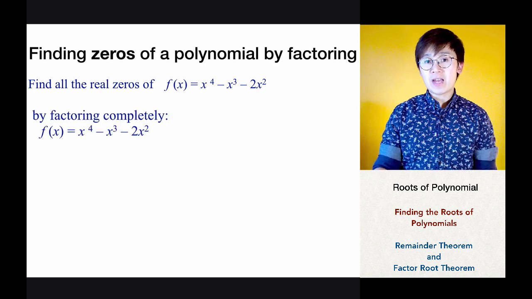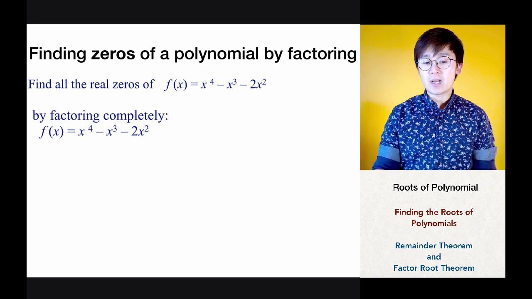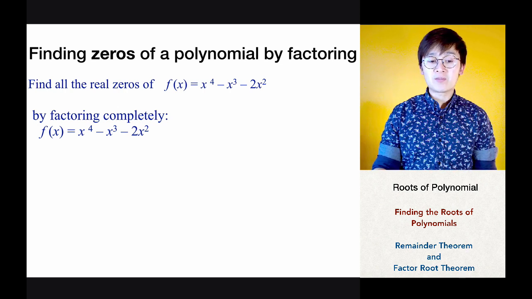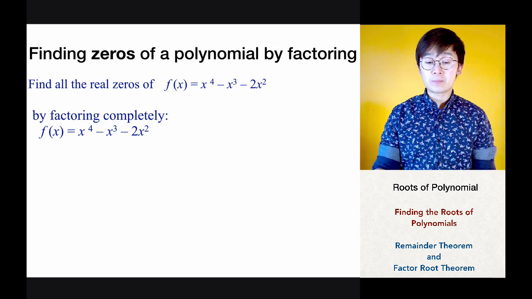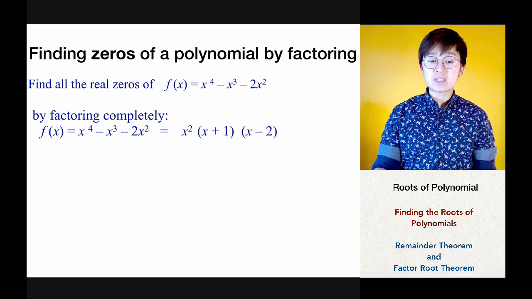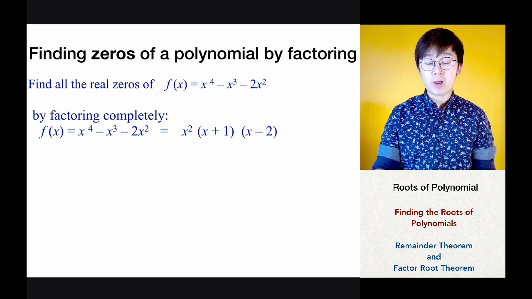We can factor this polynomial completely by using the greatest common factor of x squared and the quadratic factoring technique to find the factors of this fourth degree polynomial. If we factor this out completely, we'll have x squared times x plus 1 times x minus 2.